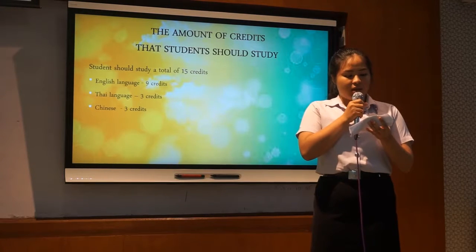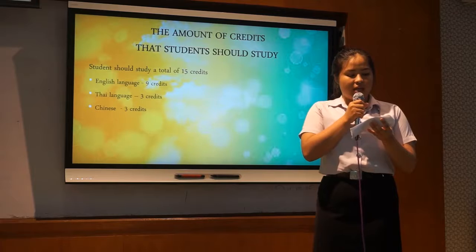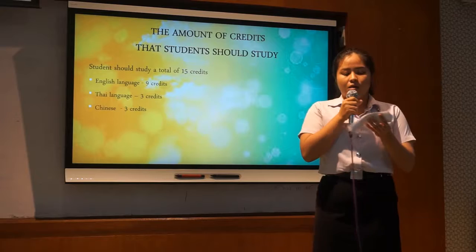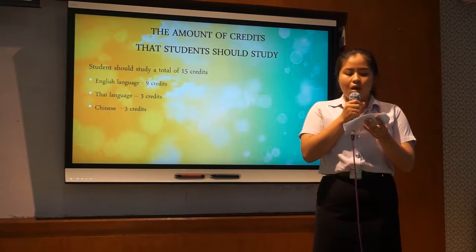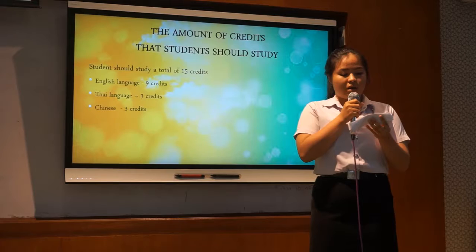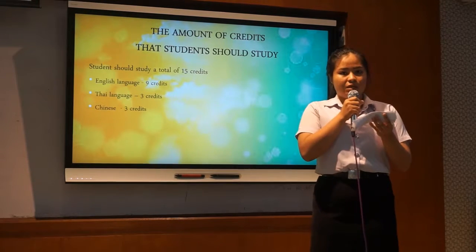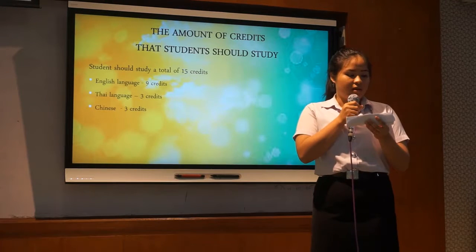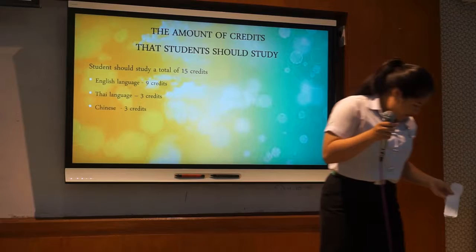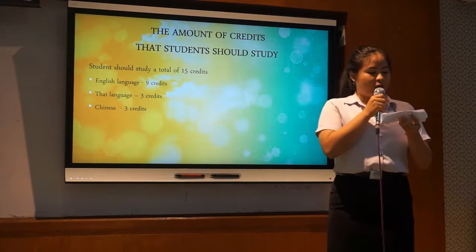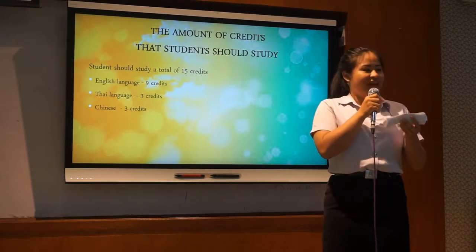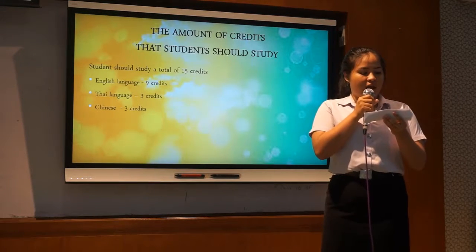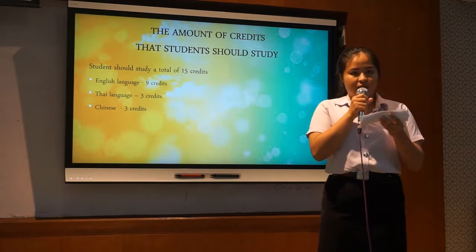The amount of credit that students should study. Students should study a total of 15 credits in one semester. English language, 9 credits, Thai language, 3 credits, and Chinese language, 3 credits.